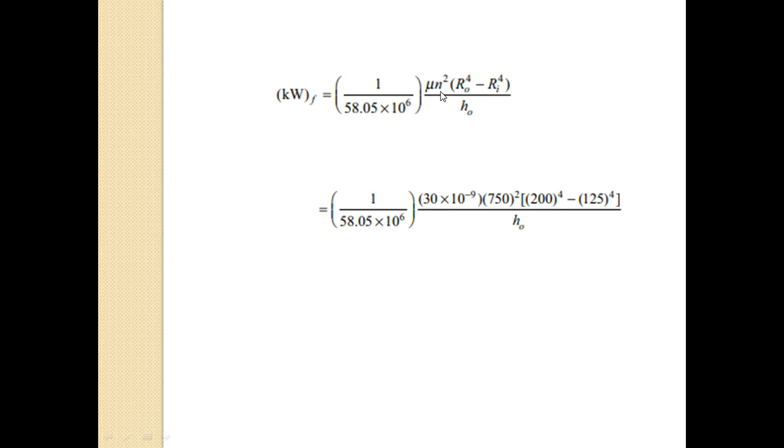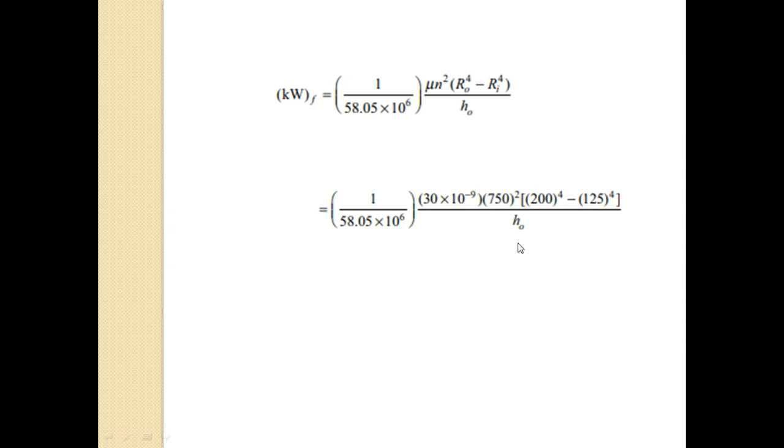Again n, the speed of the shaft, is given as 750, so 750 square into bracket Rho raised to 4 minus Ri raised to 4. Rho is 200 raised to 4 minus Ri, that is 125 raised to 4, divided by H naught.